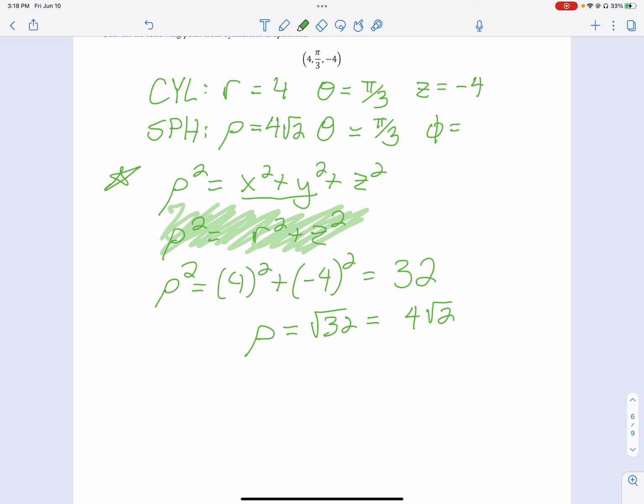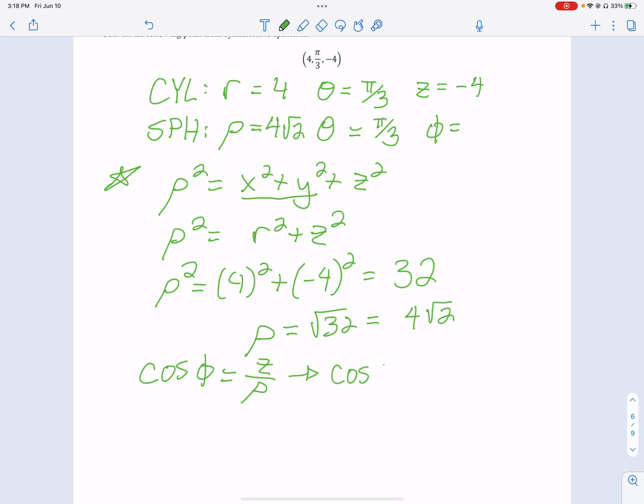So we could, if we wanted to, there's my conversion from cylindrical to spherical. Now, the next thing, that's going to be cosine of phi. We have this formula. It's z over rho. But we can plug stuff in for that. Let's do that and find phi. So z is negative 4. Rho, we have that. That was the missing link in this formula.